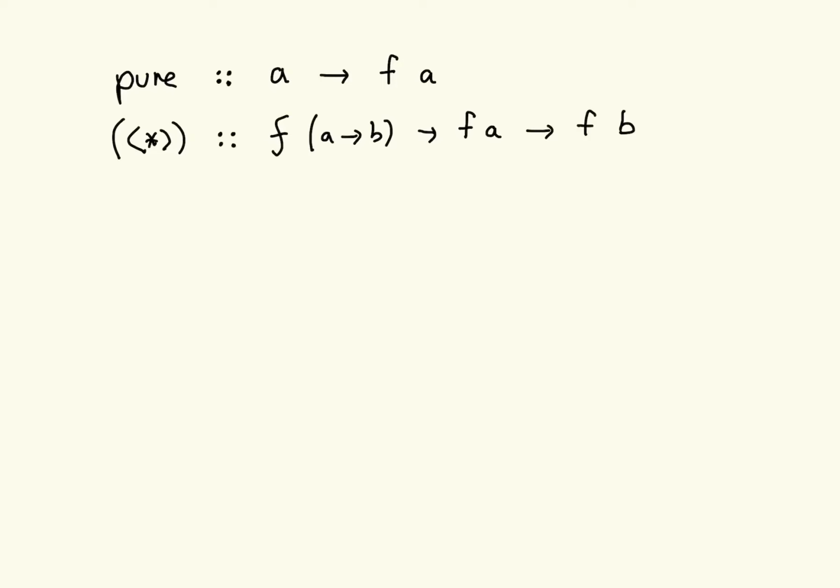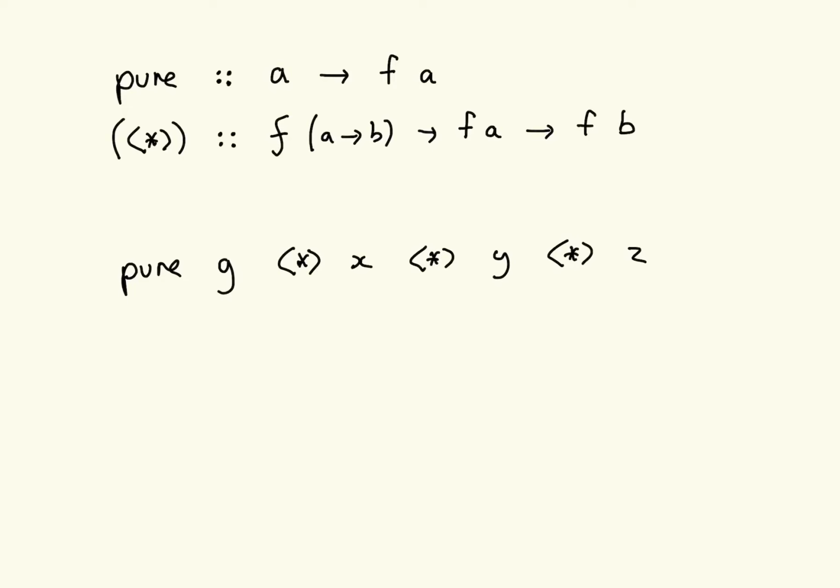Well, a typical use of these two functions has this form. What you typically do is you write pure of some function g, and then the funny star, and then arguments to the function. So we could have 3 arguments here, x, y, and z. Okay, so this is a typical application here.